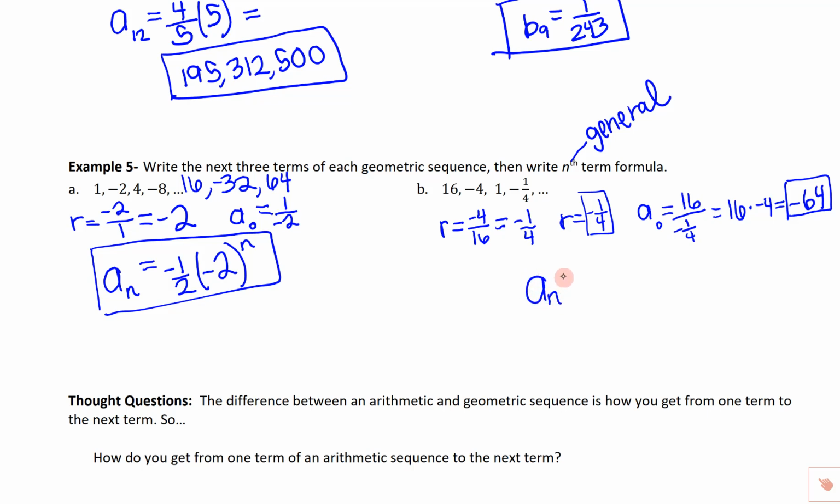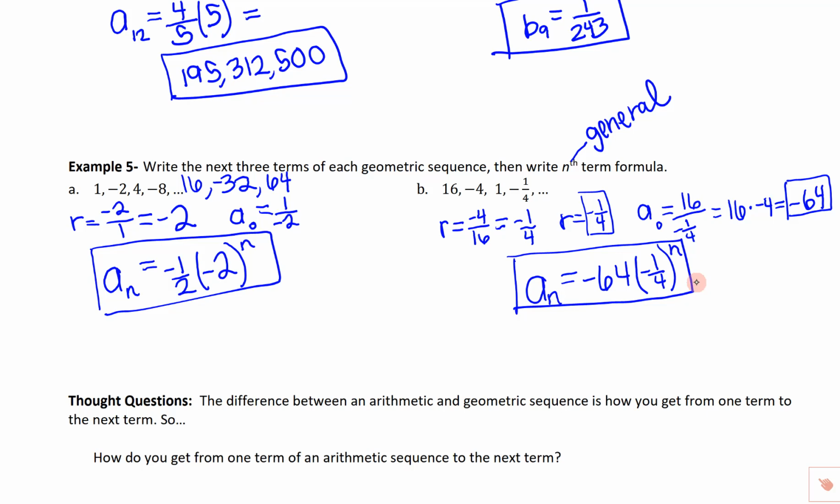A sub n equals a sub 0, which is -64, times your ratio, -1/4, to the nth power. Okay, I could plug in 3 and see if I get 1 and double check it and see if I got the right answer. So that's a good way to check it.